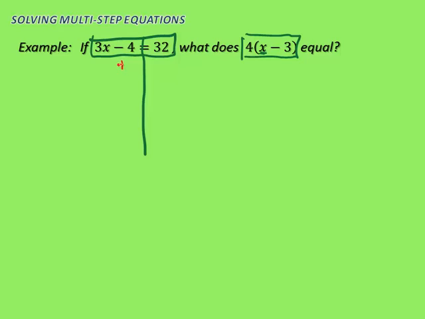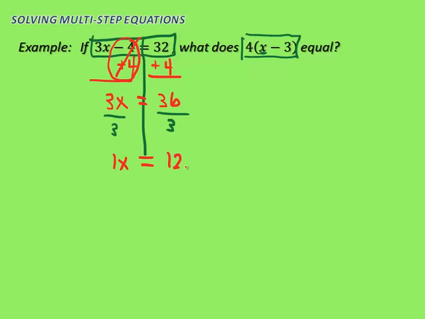And let's go ahead and solve it, first by making 0 pairs. So I'm going to add 4 to both sides, and that gives me 3x, because those are going to zero out, equals 36. Now my last step is to divide both sides by 3, and that's going to give me 1x equals 36 divided by 3, which is 12.